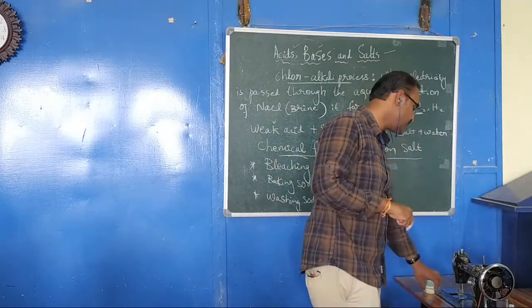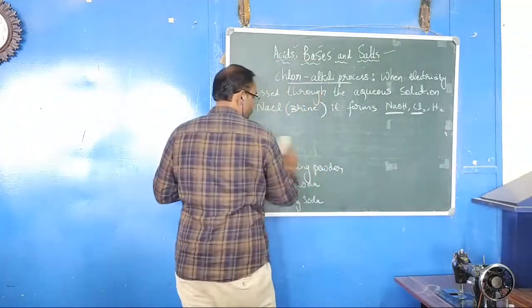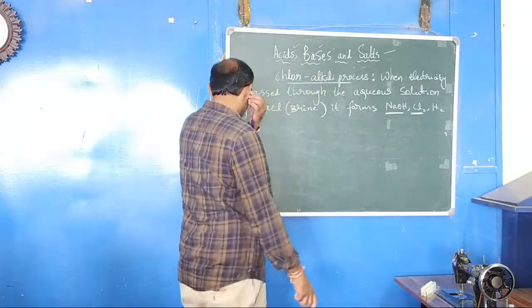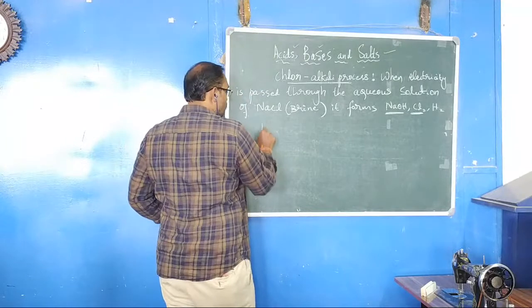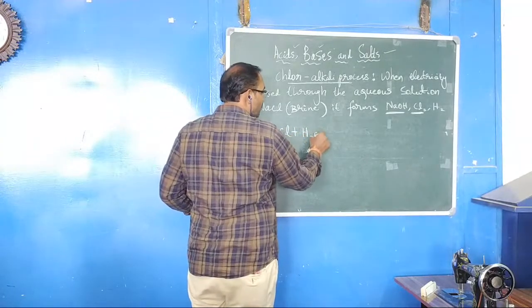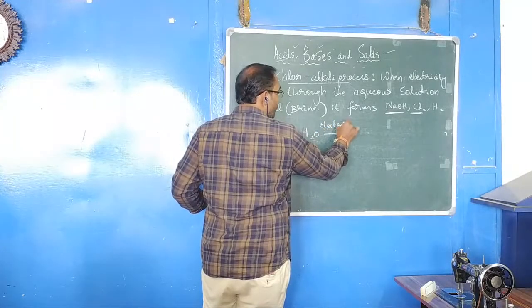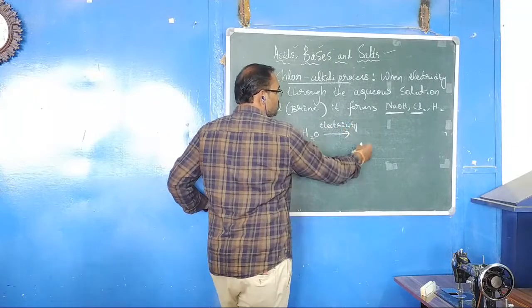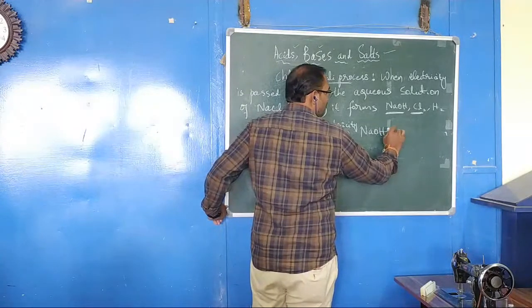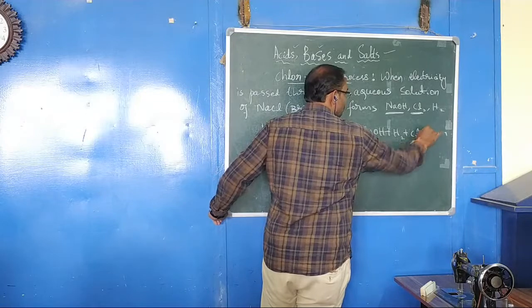So let us write the equation for it. When aqueous solution, aqueous means water, with water. So when you pass electricity, the product formed is sodium hydroxide, hydrogen and chlorine.